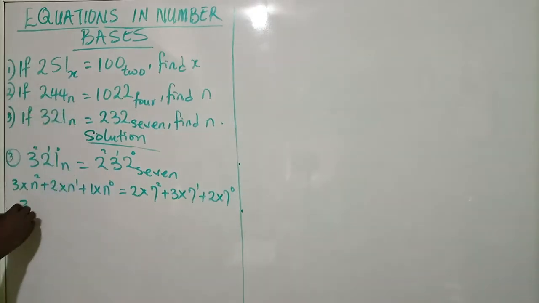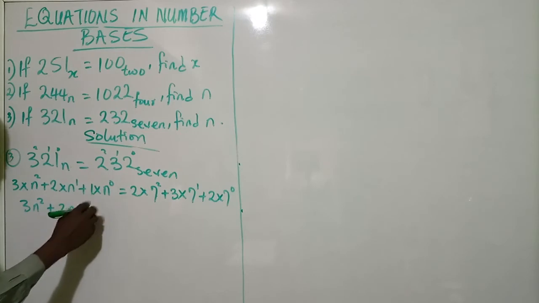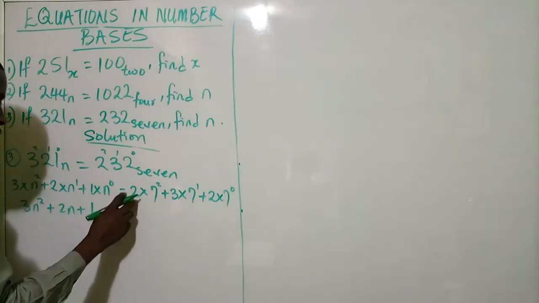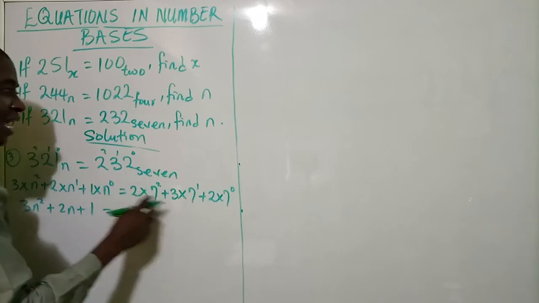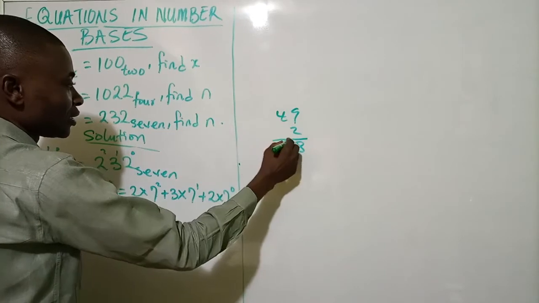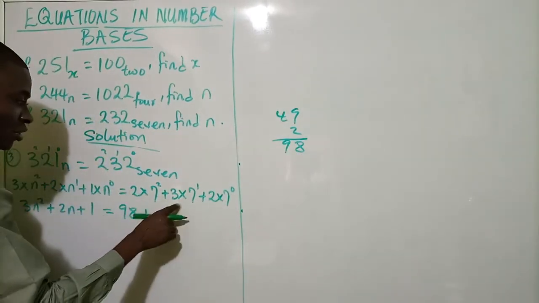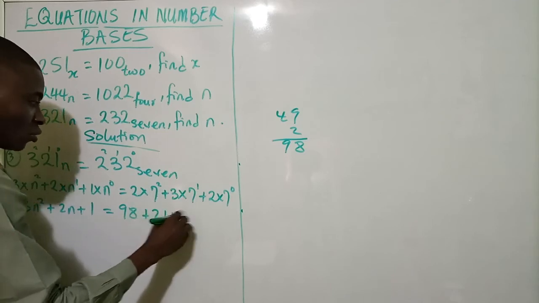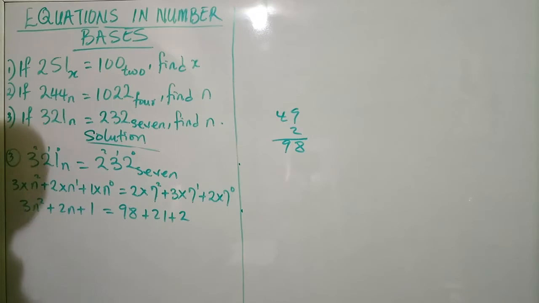So this is 3n squared plus 2n plus 1 equals to, 7 squared is 49. So 49 times 2 is 98. 98 plus this is 21 plus this is 2.